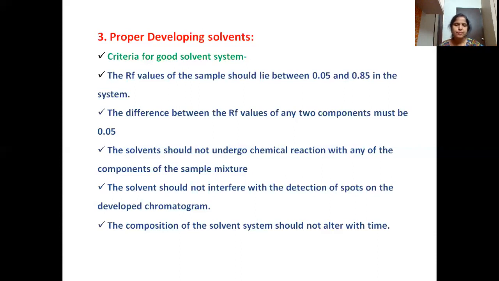Sometimes one solvent is more volatile, so it vaporizes and the ratio may change. So you have to cover the beaker or the paper chromatography chamber properly, so that the solvent will not undergo volatilization, and the separation we are doing will be very clear. So the composition should not alter with time.